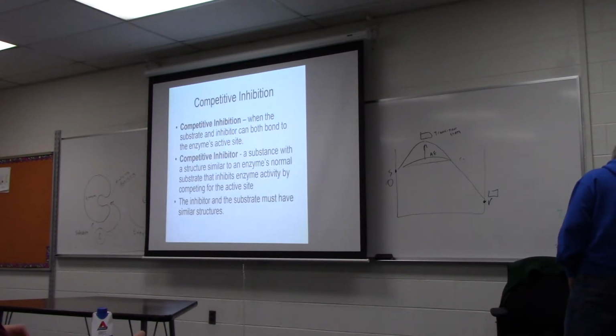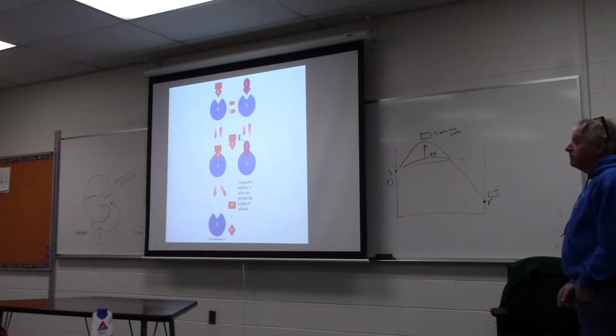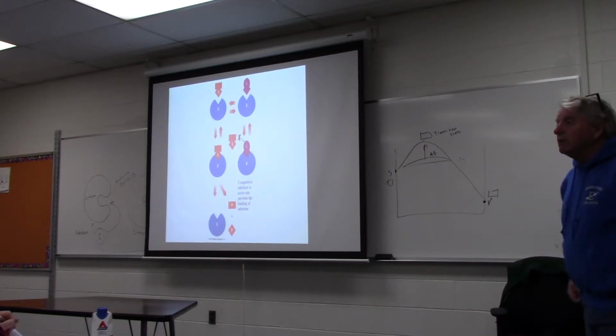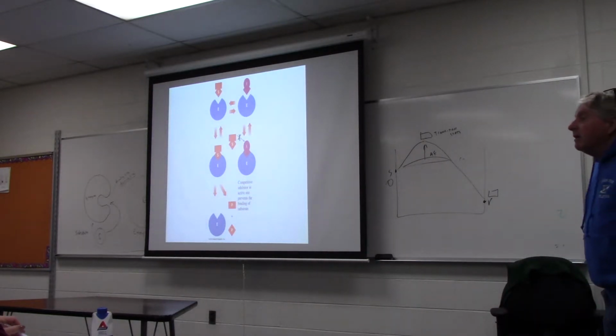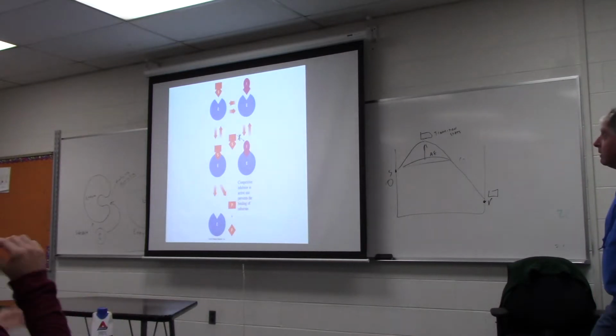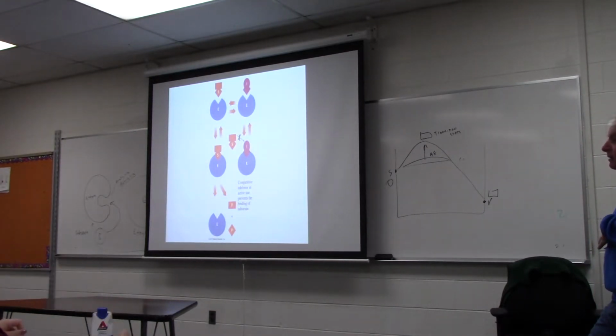Enzyme inhibition. There are two types of enzyme inhibition. One is called competitive, and that's where the inhibitor will bind to the same site as the substrate and basically block it from working. I told you that most drugs, pharmaceuticals, block enzymes, either foreign enzymes in your body or some enzymes that you don't want to work.